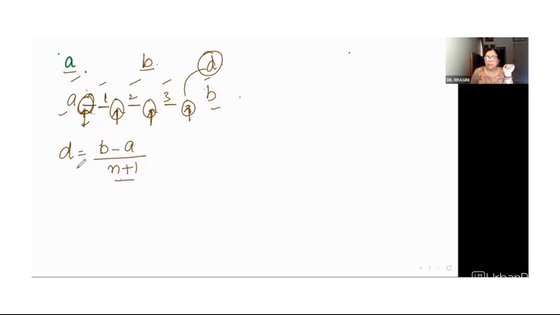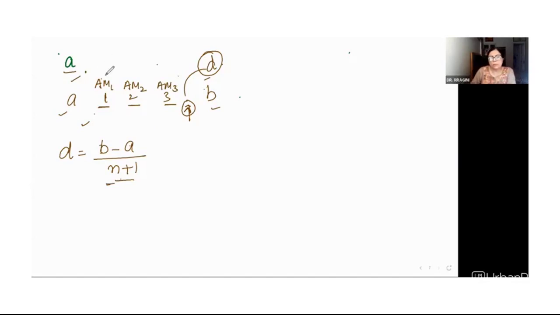Now this is the value of D. Once you get this value, this is your AM. Let me erase these things from here. This is your AM1, AM2, AM3. These are the three arithmetic means that we have to insert.